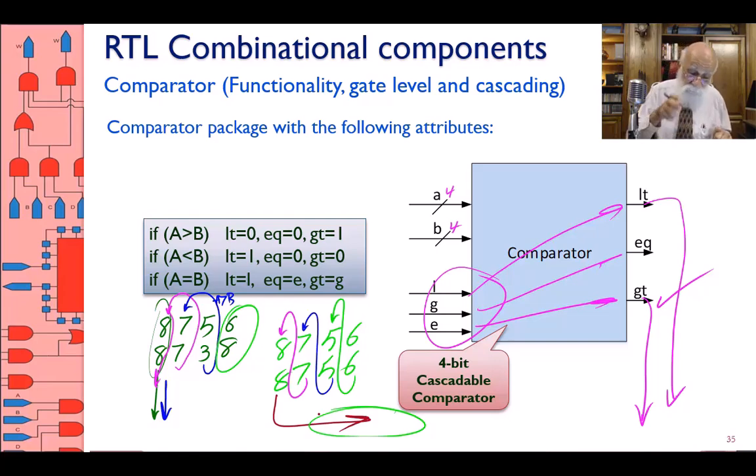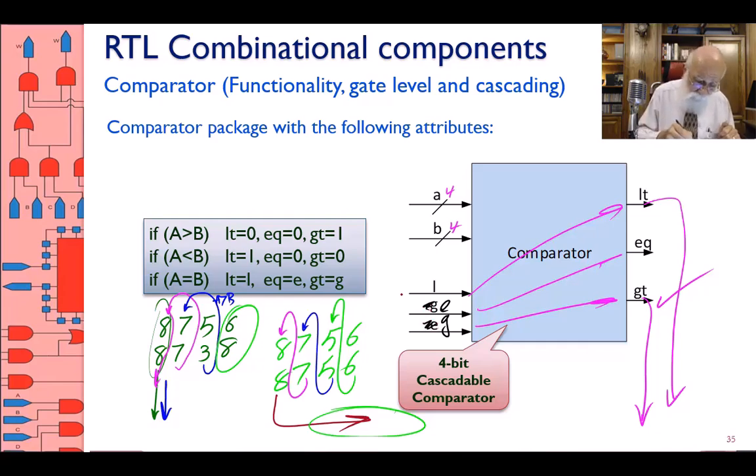What information do I put on the rightmost digits? I put a 0 here, a 1 here, a 0 here. I'm sorry, this should be equal here, G here.